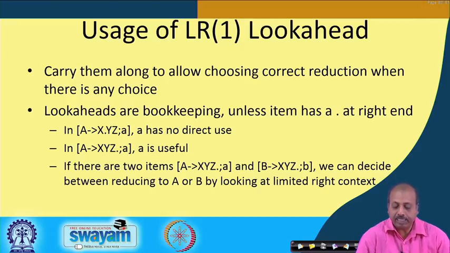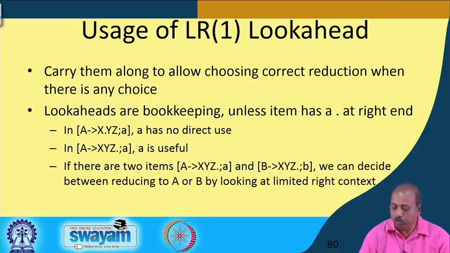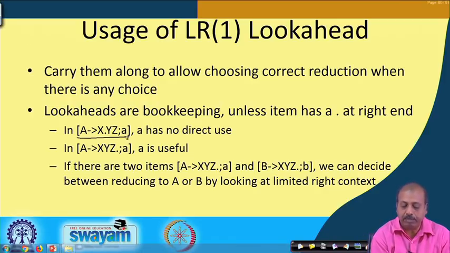Then look aheads are basically bookkeeping. Unless we have an item that has a dot at the right end. Like if you consider these two rules, these two items. For this item there is no direct use. From this item we can try to generate, say, go to the item on y.